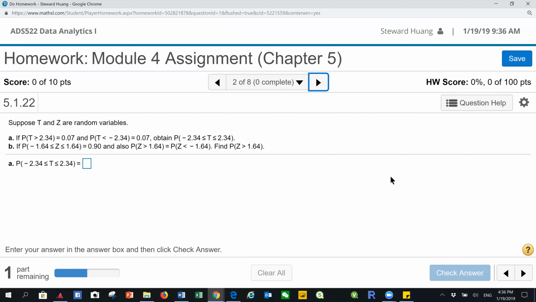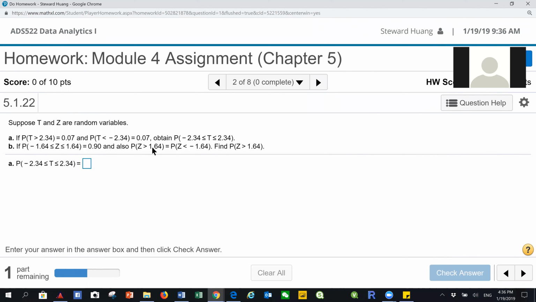So you have to cut the two tails from the bell shape, which has area equal to 1. That's the way to calculate this probability, which is the area under the curve, equal to 1 minus 0.07 minus 0.07.